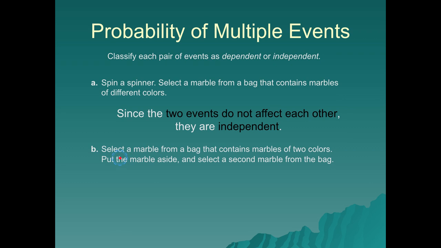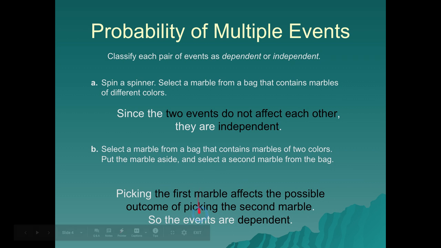So what about scenario B? If I select a marble from a bag that contains marbles of two colors, put the marble aside and select a second marble, that is dependent because I did not replace it. Selecting one and not returning it affects the outcome of my next pick of a marble.